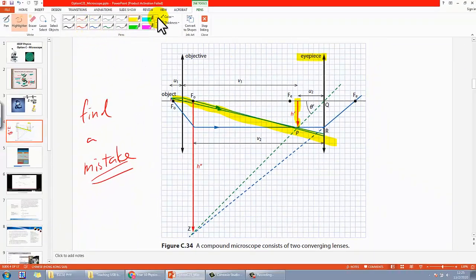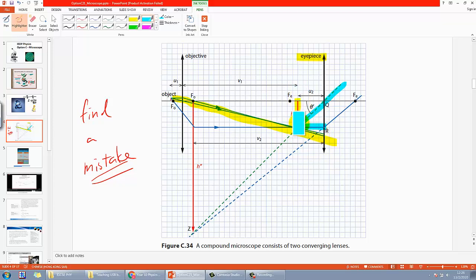What you do afterwards is that it goes through the second lens, which is the eyepiece. As usual, the first light you would like to draw is a light that goes from the tip of the image through the center of the lens, and then you need another line to find the intersection as usual. So you want to find a horizontal line.